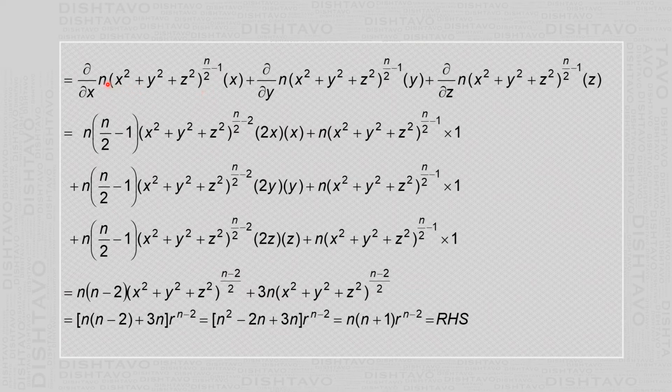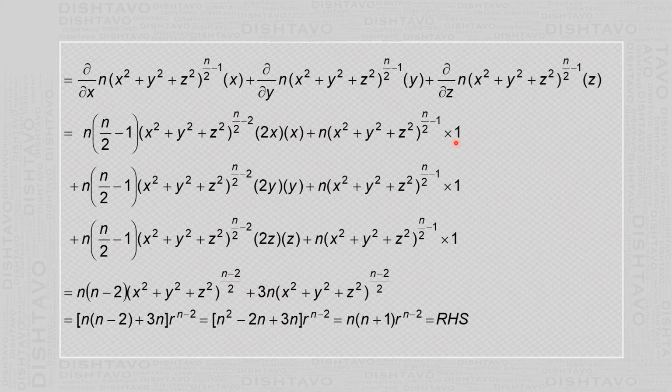Therefore, the derivative with respect to x partially of this part is: n comes as a multiple, then the derivative of this function, so n by 2 minus 1 comes as a multiple, then the power reduces by 1 to become n by 2 minus 2, into the derivative of what is inside the bracket, that is 2x, into the second term, plus the first term, n into x square plus y square plus z square raised to n by 2 minus 1, into the derivative of the second term partially with respect to x, so it becomes 1.